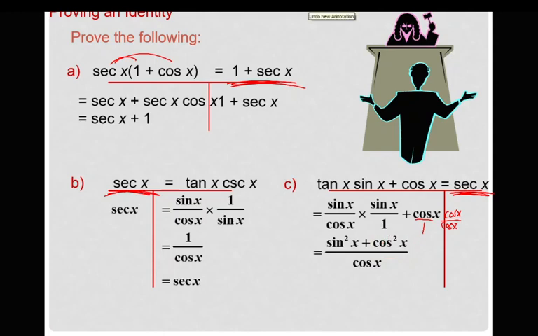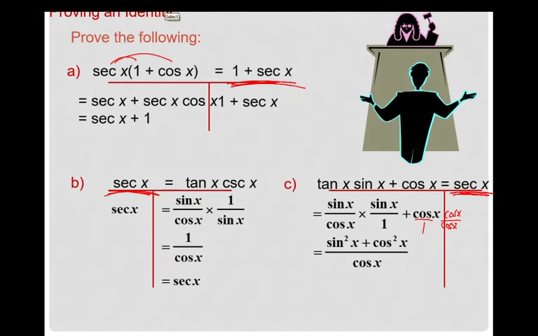That is the Pythagorean identity. And the Pythagorean identity says sine squared plus cosine squared equals 1. So that means I have 1 over cosine. And 1 over cosine is secant, which means left side equals right side.